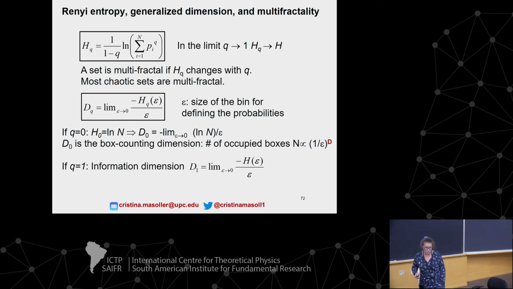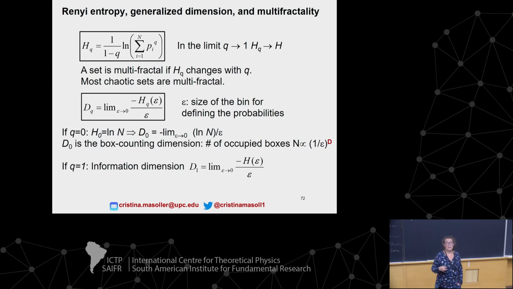If you put q equal to 1, then this becomes Shannon entropy, and this becomes what is known as the information dimension. So again, calculating the entropy gives an easy way to estimate, by changing the size of the bin, if there's any multifractal behavior or not.